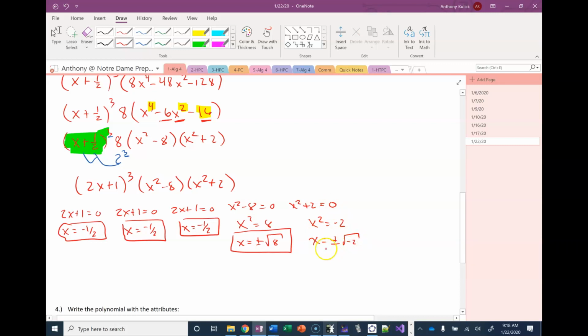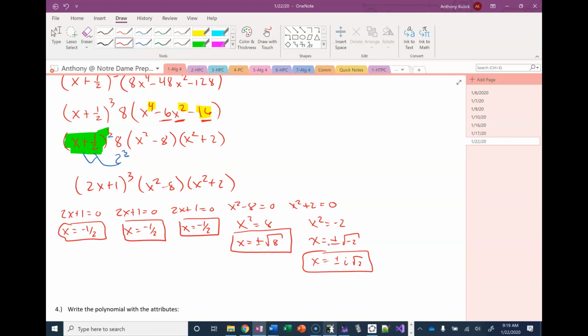But I don't want to have the square root of a negative, right? What happens when I have the square root of a negative? Makes an i. So those are my 7 solutions. Grace? Why is that 1/2?